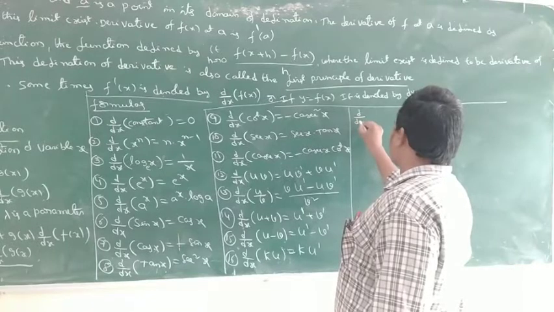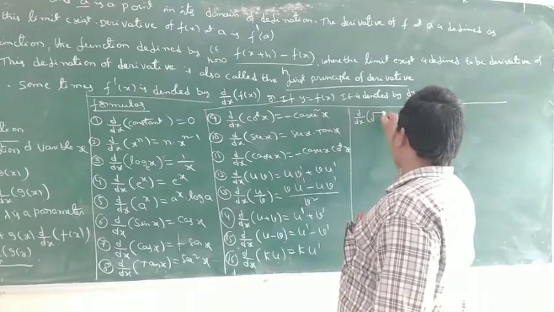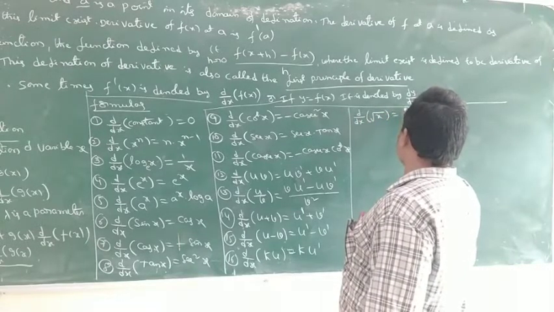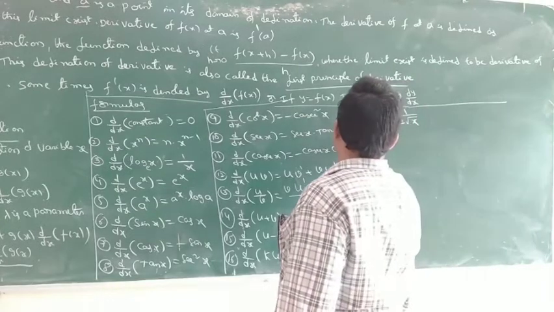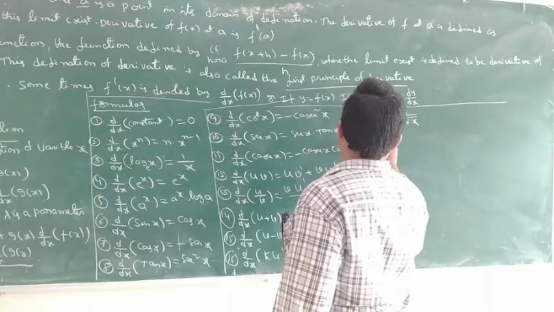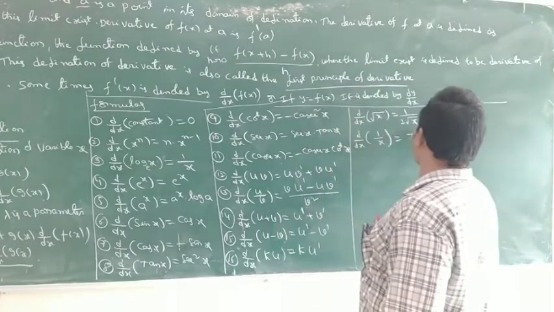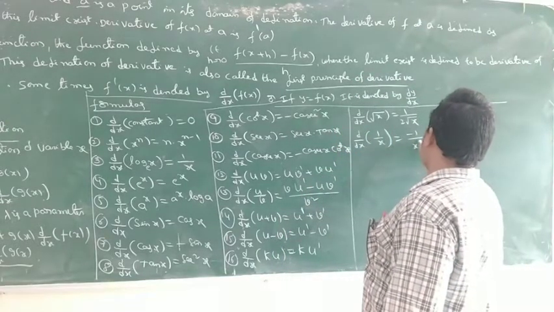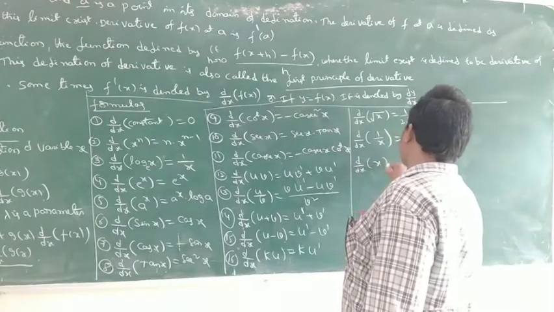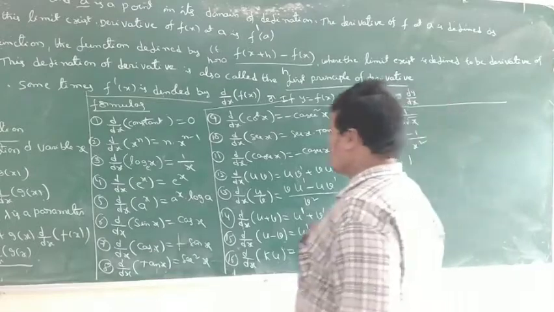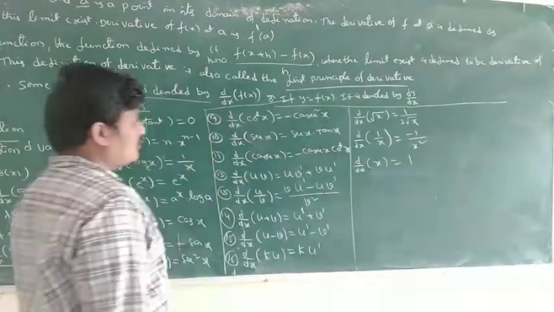d by dx of root x is equal to 1 by 2 root x. d by dx of 1 by x is equal to minus 1 by x square. d by dx of x is equal to 1.